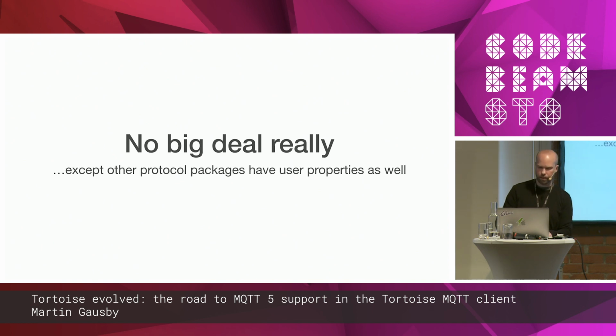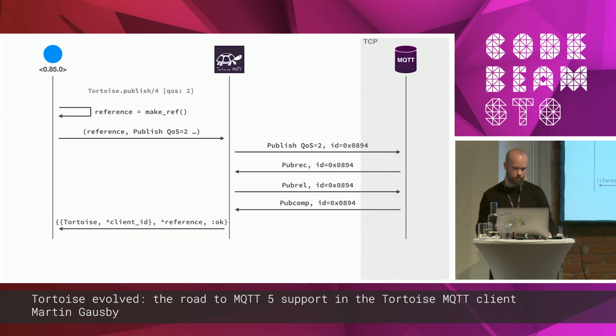But there's some trouble. I shouted a bit about this while they were doing it, but nobody listened. So my new problem is that other protocol packages also have user-defined properties. So this is the MSC for the QoS 2 that we showed before.